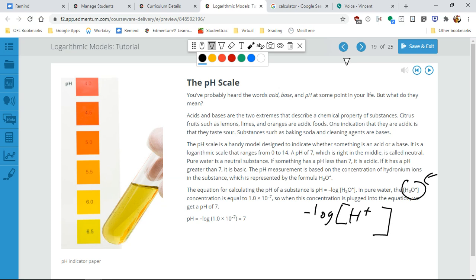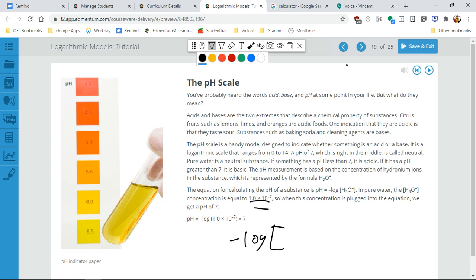This H3O is kind of different. I haven't seen this done before. So basically, we're looking at how much H3O concentration this has. We're going to plug in negative log of 10^-7. Again, I don't like having this 1 times.